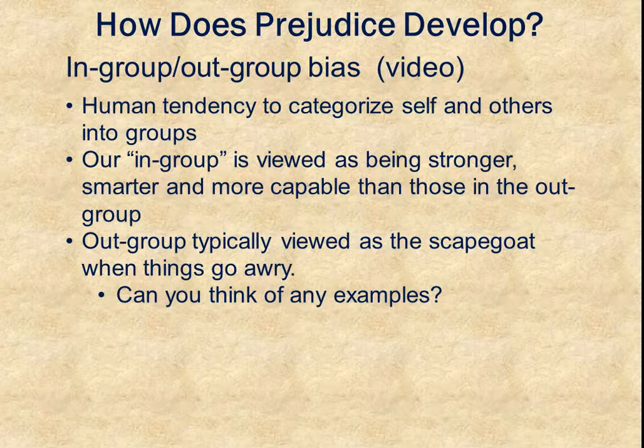In general, what we see is that those people who we see as members of our in-group, so other white females, other educators, those would all be people who are in my in-group, and I'm going to tend to view them as being stronger, smarter, and more capable than people who would be in my out-group. So that would be males, non-whites, non-educators.